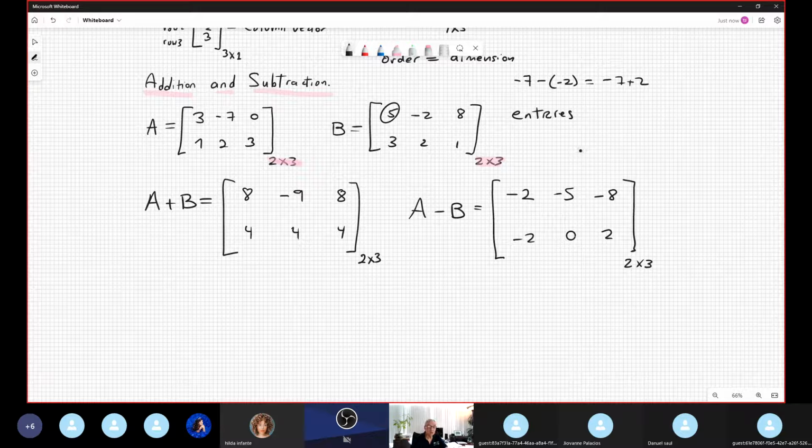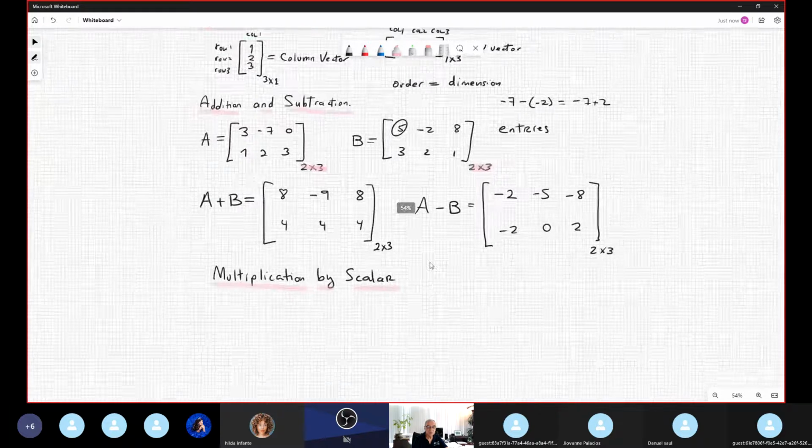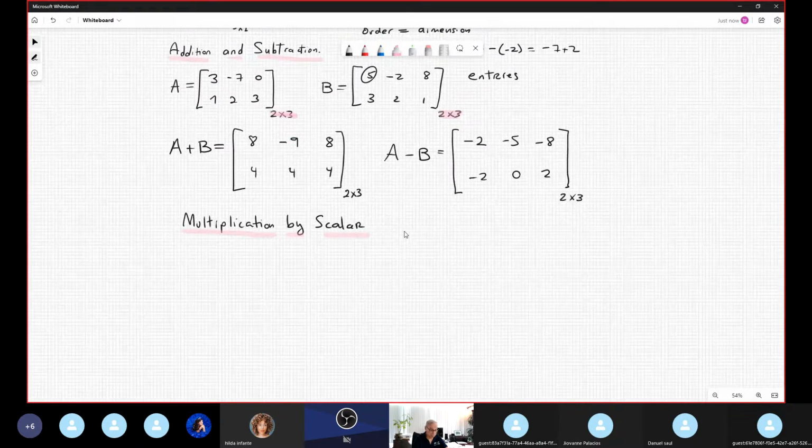Okay, easy. Now multiplication by a scalar. And what is this scalar? Well, a scalar is a number. Basically, I study now how you multiply any matrix by one number.